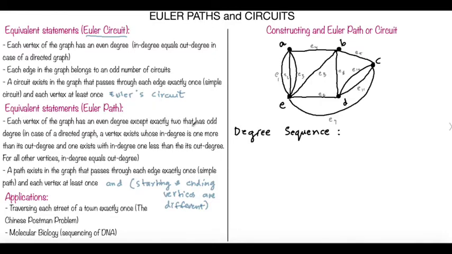But for a directed graph, we want to see that a vertex exists whose in degree is one more than its out degree, and there is one vertex with in degree one less than its out degree. So all the vertices should have in degree equal to out degree except two of them. One of those two has in degree one more than the out degree, and the other one should have out degree one more than the in degree.